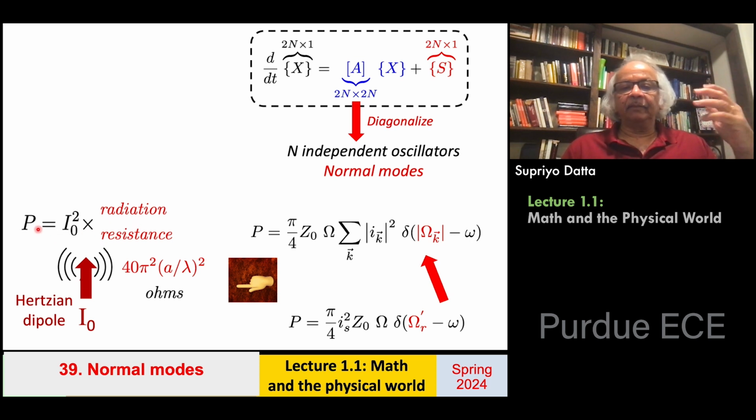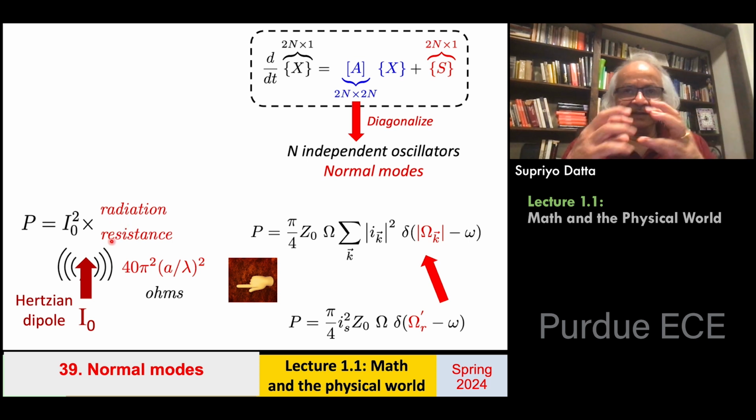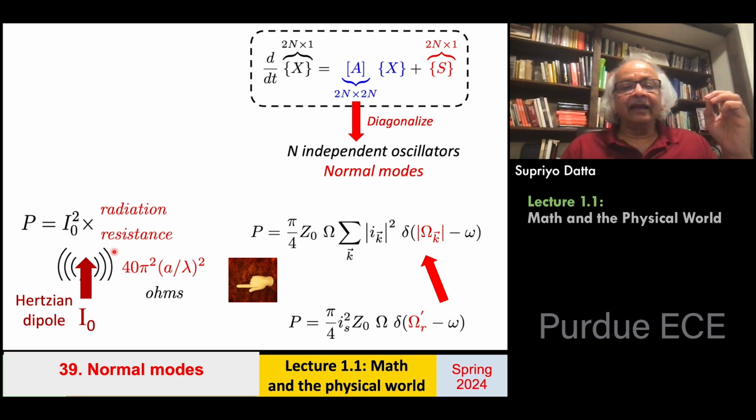The power that's radiated is proportional to I0 square, and this quantity here is often identified as the radiation resistance, as if the power was getting dissipated in that resistor.